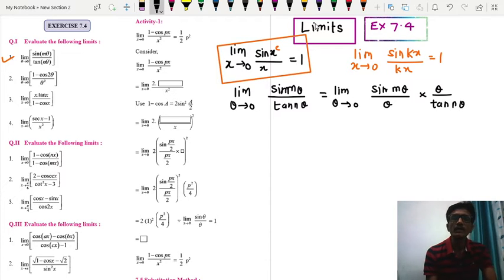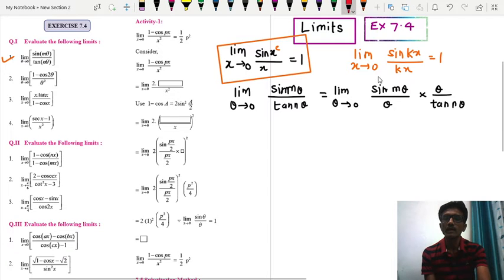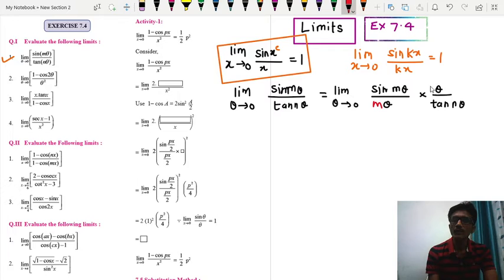So what we require here is n, so multiply by n. Now as we have multiplied by n, divide by n and multiply by n. So n is multiplied in the numerator and denominator.